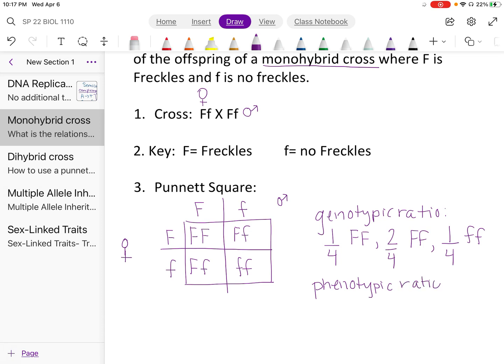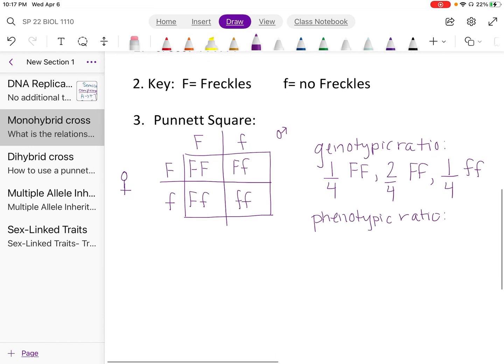So remember that the phenotypic ratio is talking about physical characteristics. In this case, if you have a dominant allele, this one, for instance, is going to be freckles. And with the heterozygous, because the recessive allele is masked by the dominant allele, it's also going to be freckles.